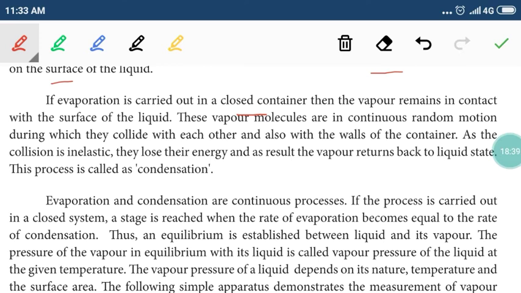So the forward process is evaporation, the reverse process is condensation. When we do these two in a closed container, an equilibrium will exist between these two processes. Forward reaction is evaporation, reverse reaction is condensation. So if this is done in a closed container, an equilibrium will exist between the evaporation and the condensation.